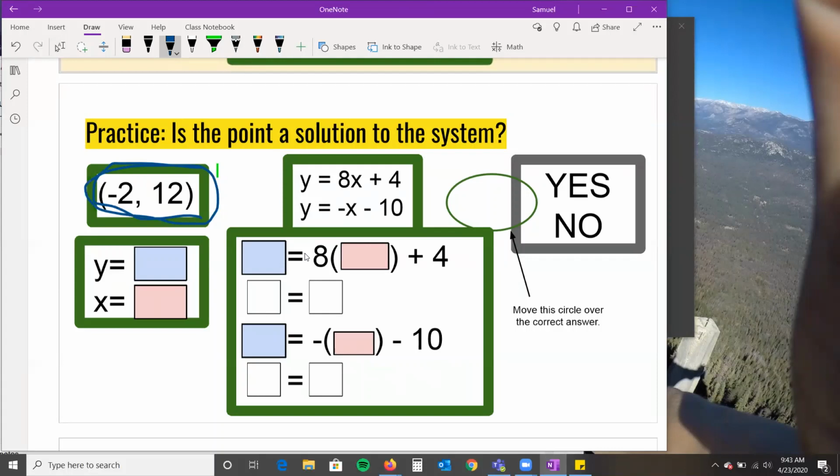Okay, about 30 more seconds. You guys are doing great.